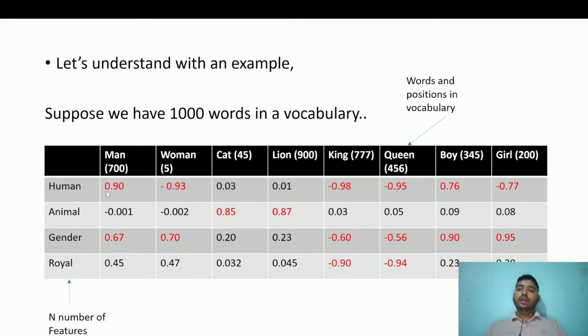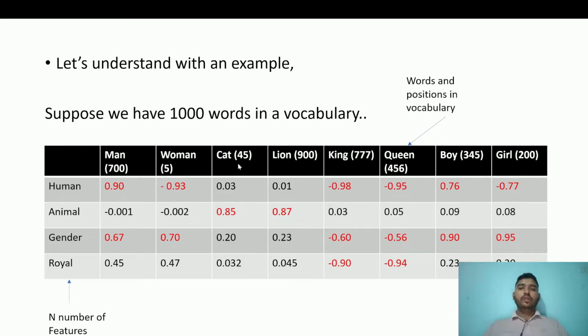So here the value of man is obviously higher. Likewise, woman is also highly correlated with the word human, so it also has a higher value. The negative sign doesn't represent a negative value, it just tells that it is in the opposite direction, right?